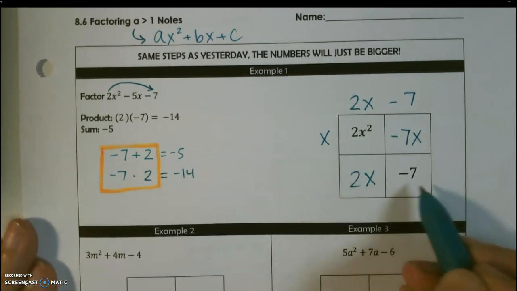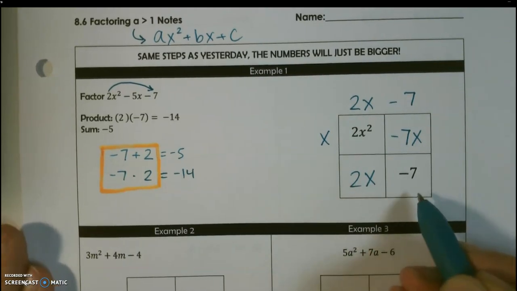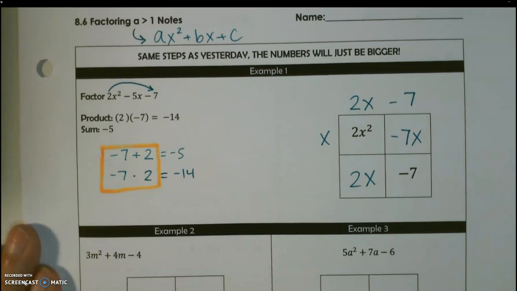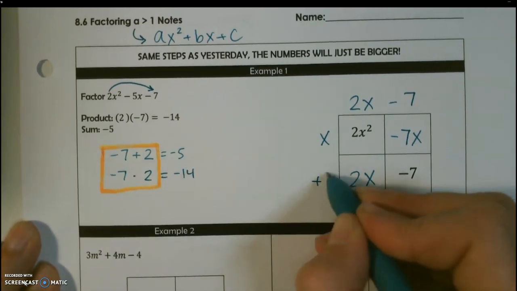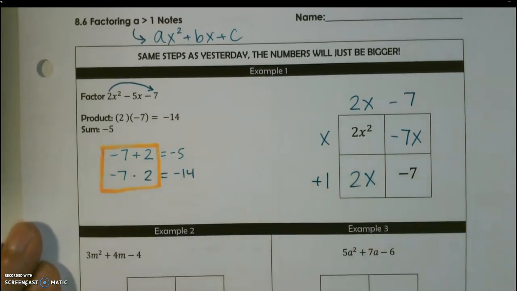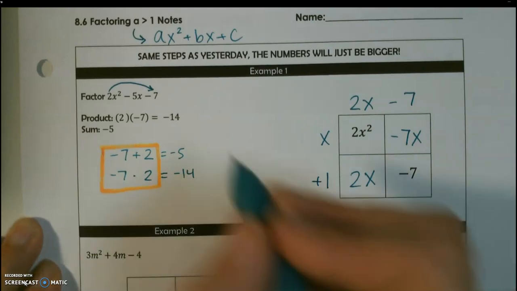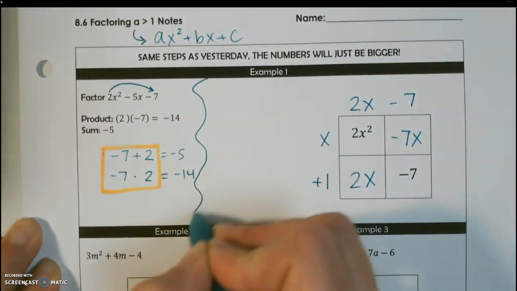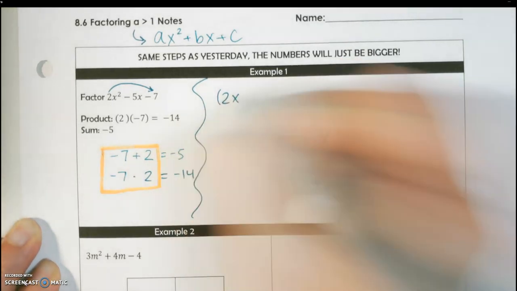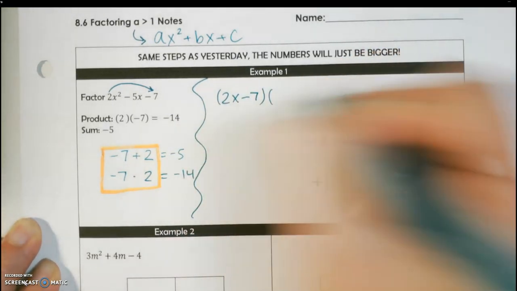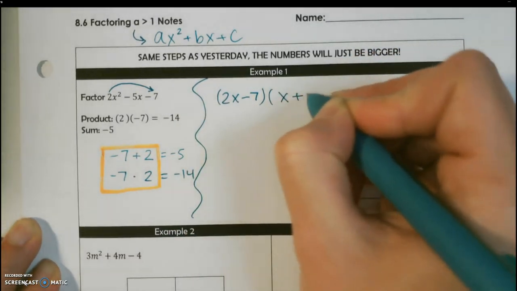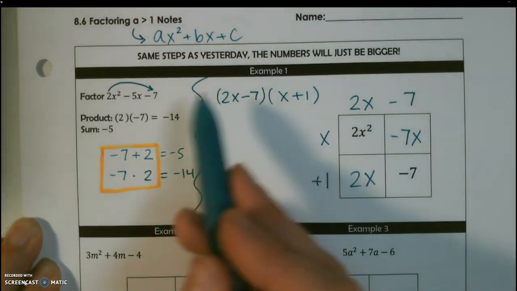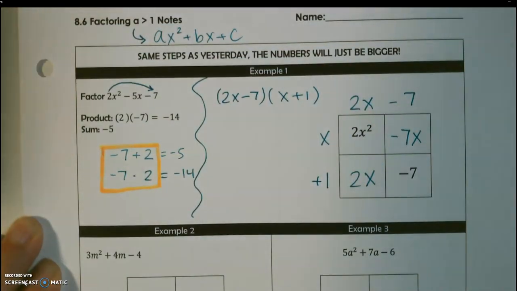And what can I take out of this row? Well, you can't take out an x, and 2 and 7 are not divisible by the same number, so the greatest common factor is 1. So what I just found is that 2x minus 7 times x plus 1 are the factors for this trinomial.